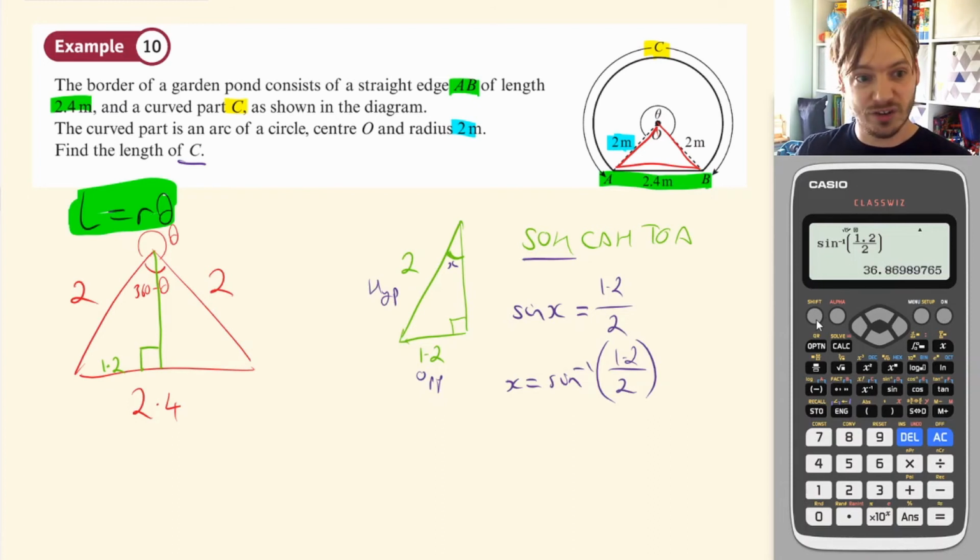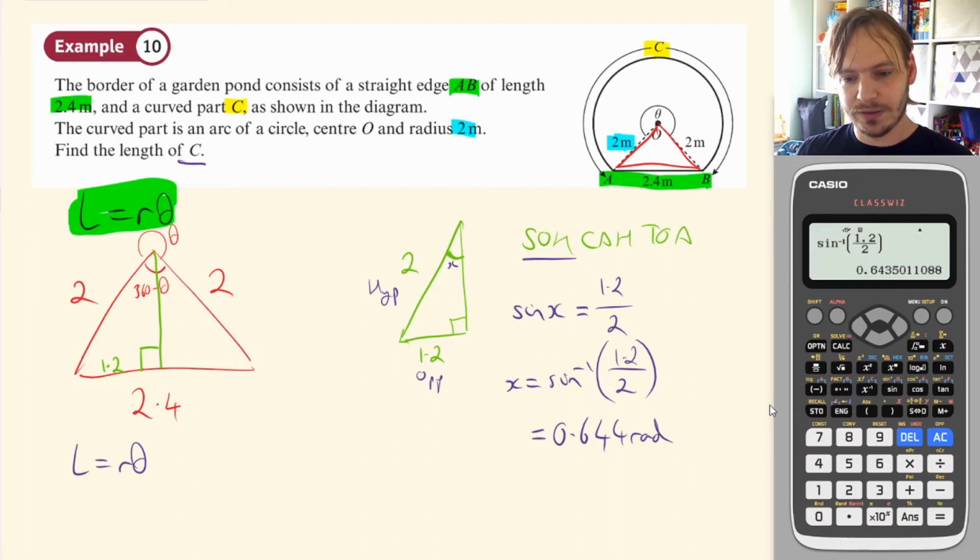So, just like I showed you in the earlier videos, if we go to Shift Setup, change the angle unit to radians, I can just press equals again, and it gives me the much more helpful value of 0.644 radians. And now I know that L is r theta.